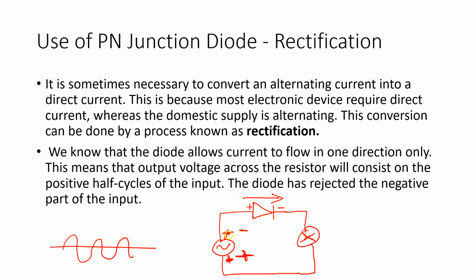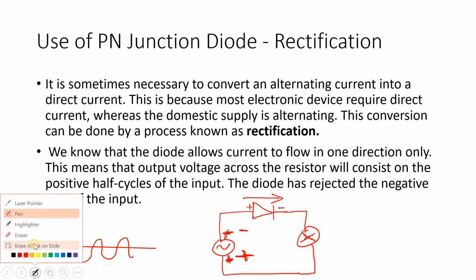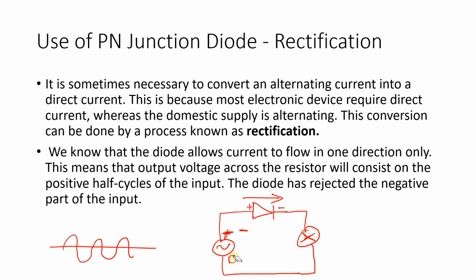Now, just a while ago, we said that, let me just do a little bit of erasing here. We said a while ago that when the positive side of the alternating source is connected to the positive side of the diode, that's going to be in forward bias. So if I were to draw the resultant graph, what you would see is that the positive portion of the wave will be allowed to flow through the diode.